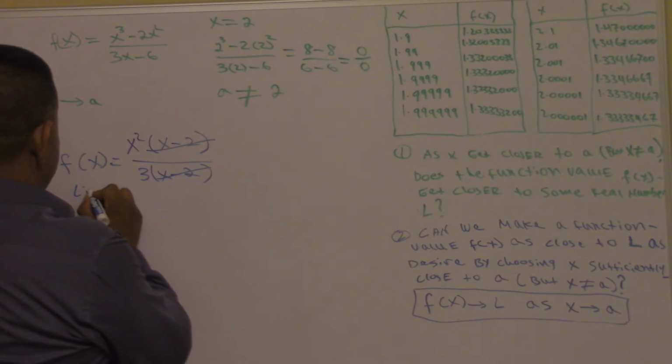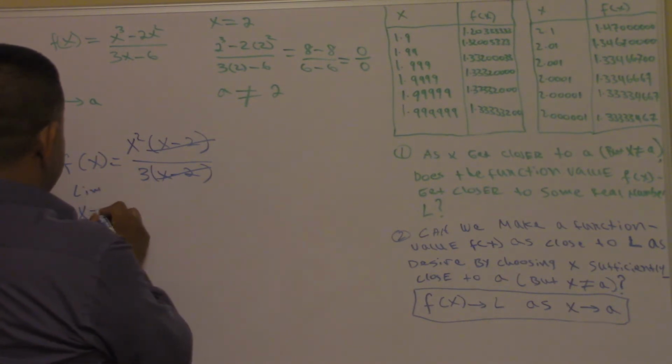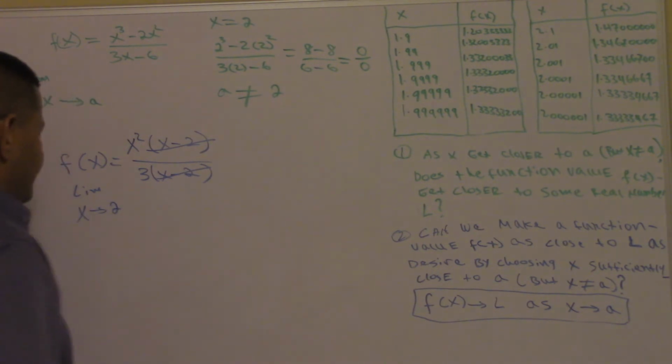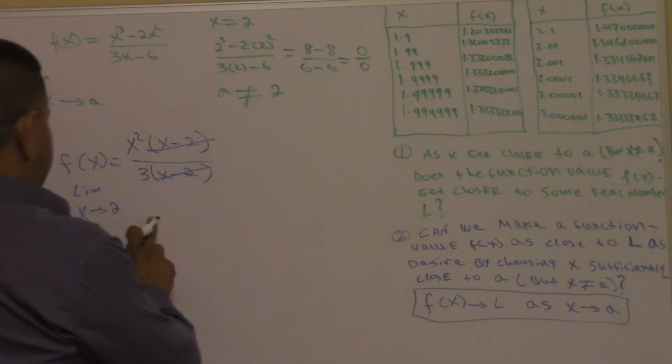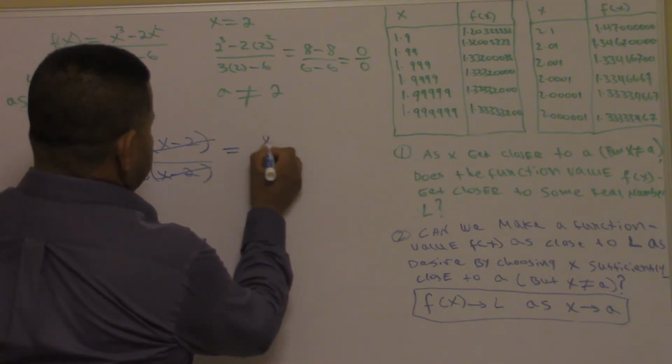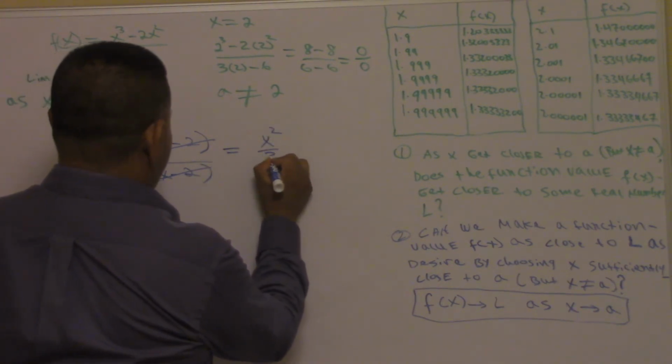So the limit as x approaches 2, now look at this, is nothing but x squared over 3.